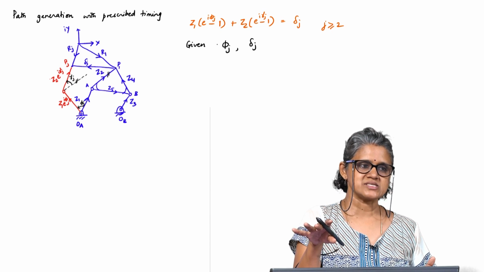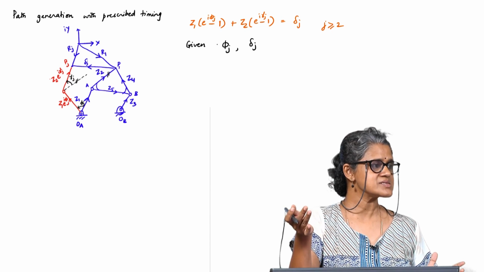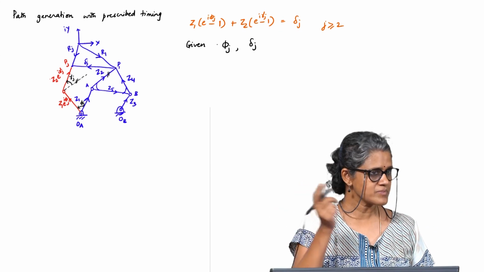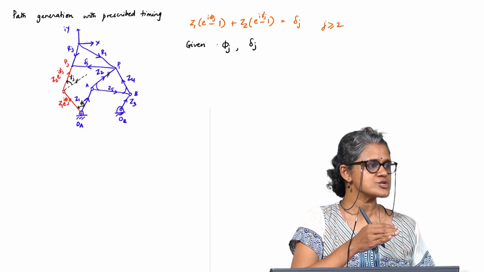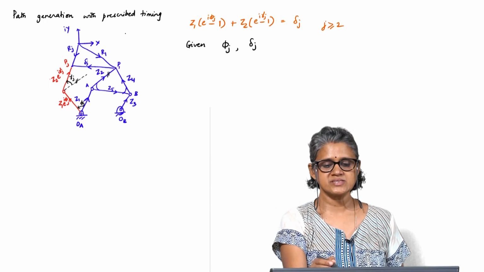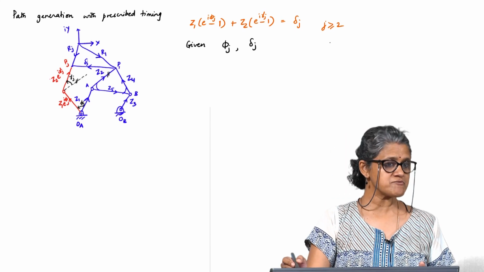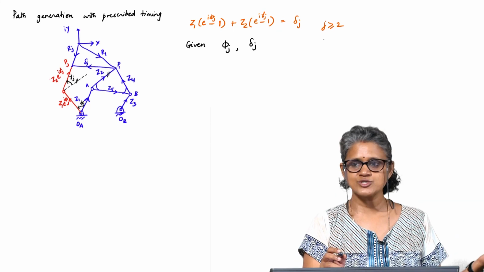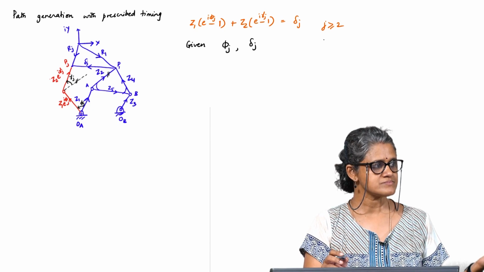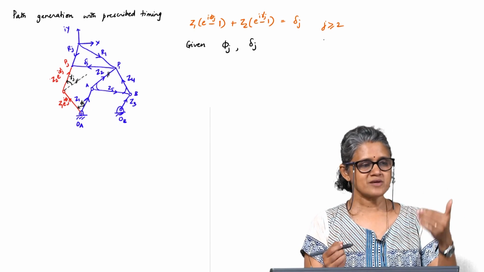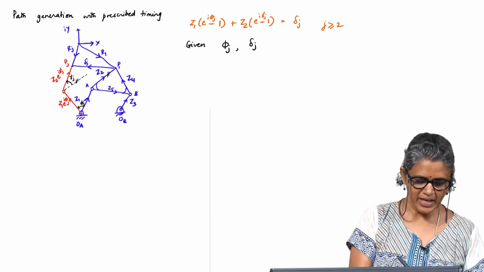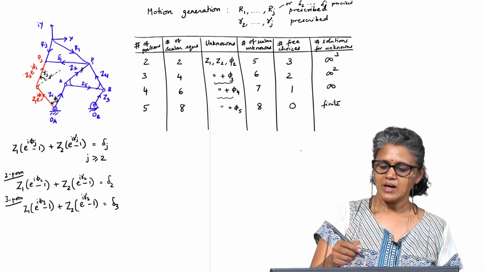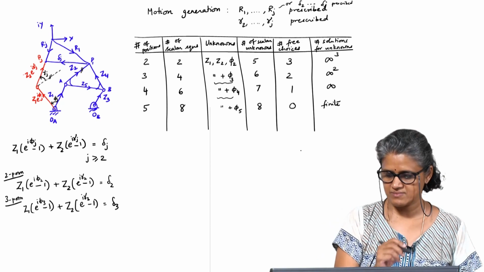If I am given only delta j, then it is just a simple path generation problem. You do not have any conditions on the input, coordinating it with the input motion. But if you look at this, it is essentially identical because of the form of the equation. This problem is essentially identical to the motion generation situation. So, what do you expect? Whatever you got, you remember that table that we had, okay? This table, I could essentially reproduce this.